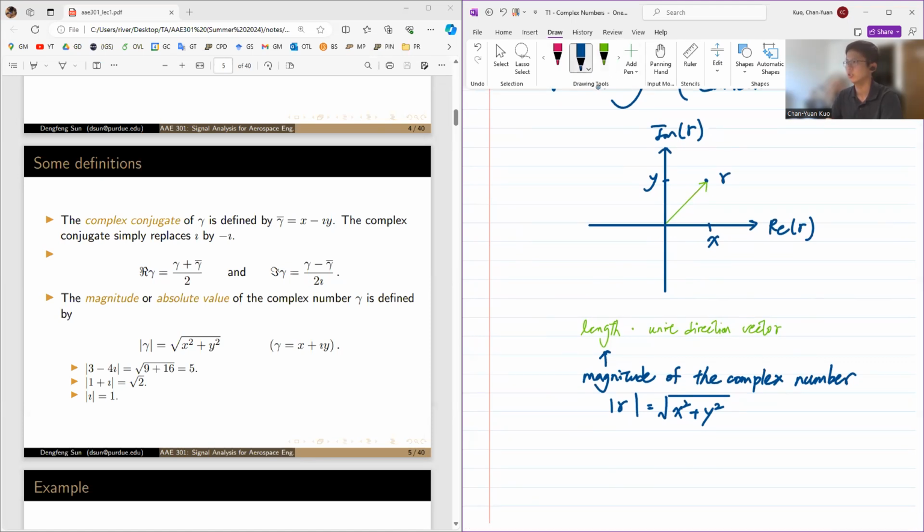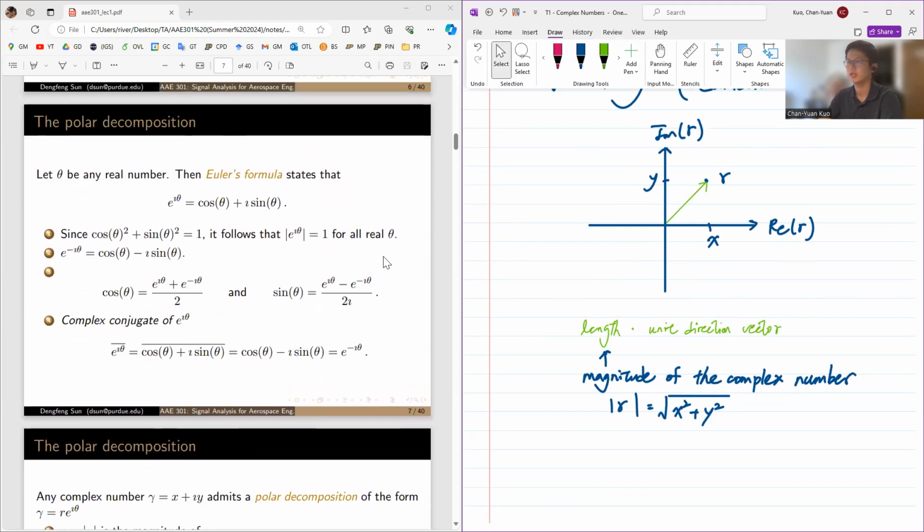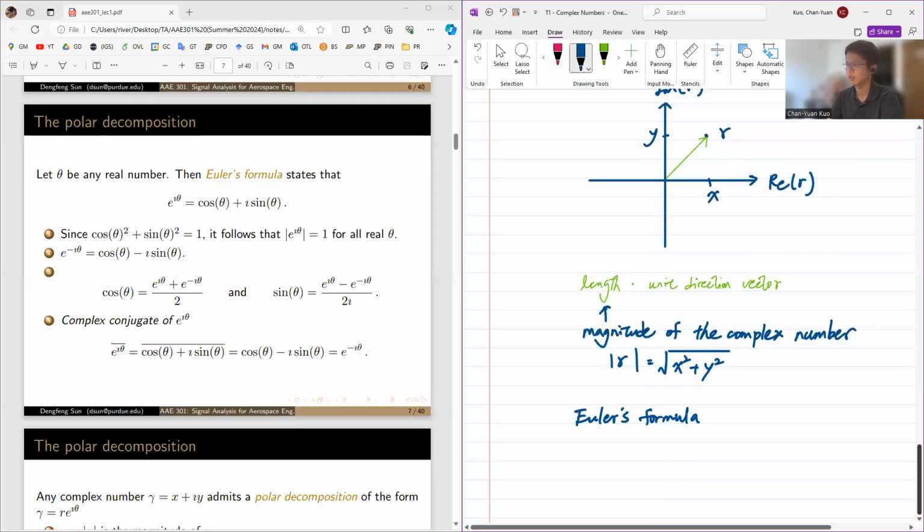For the unit direction vector, we will need to rely on Euler's formula. According to Euler's formula, e to the power of i theta is equal to cosine theta plus i sine theta.